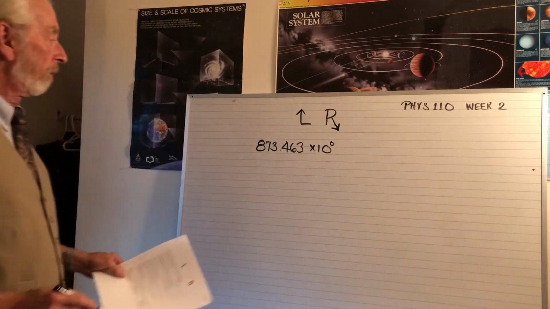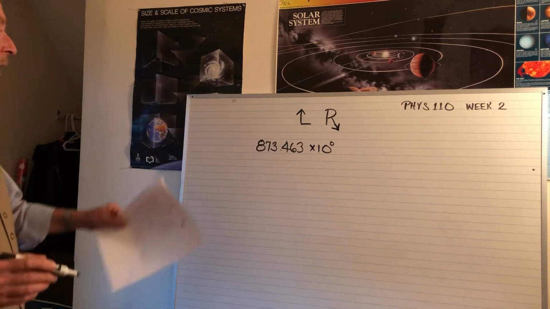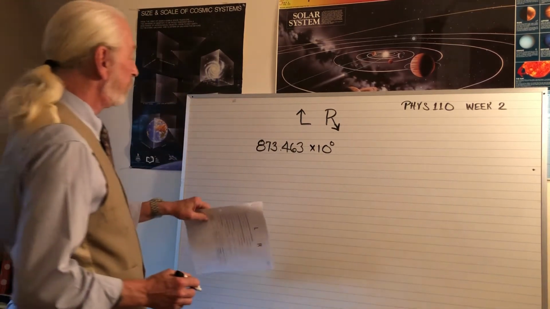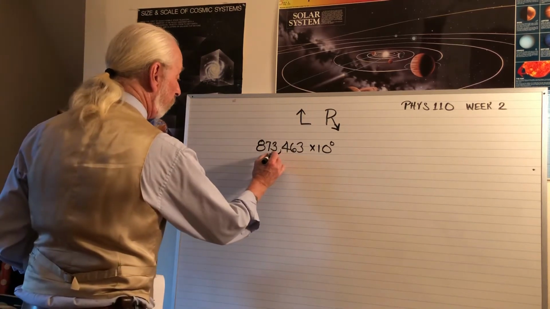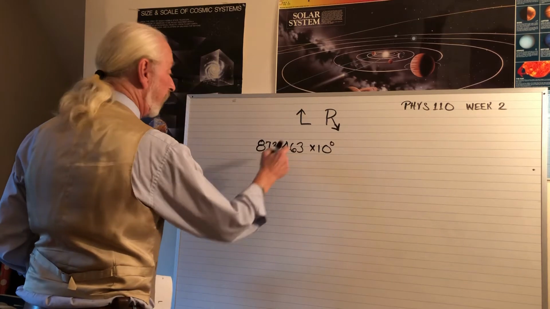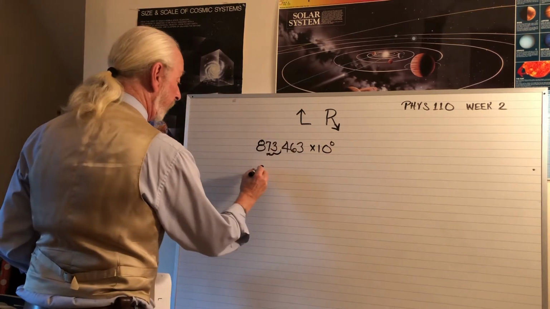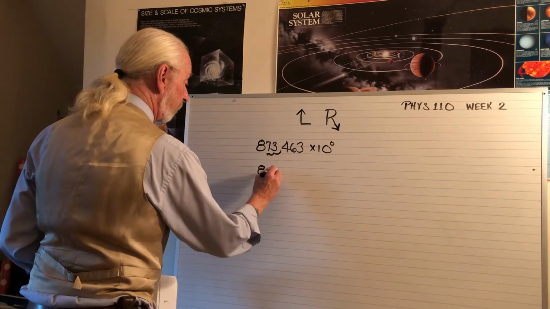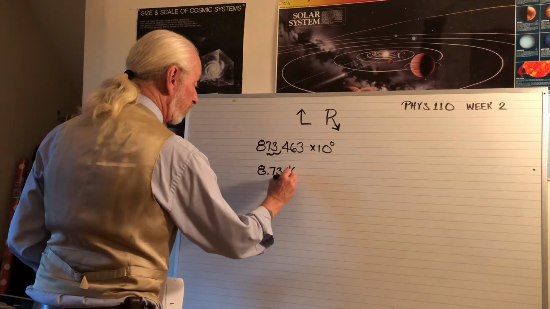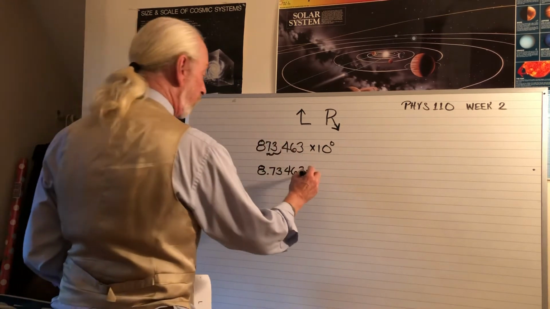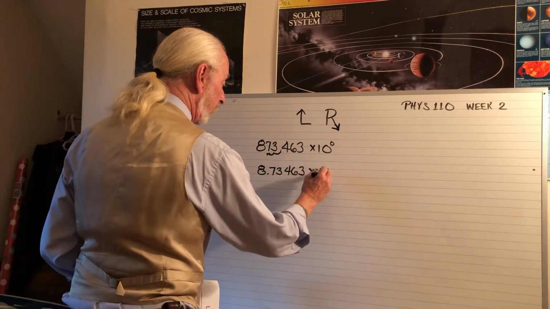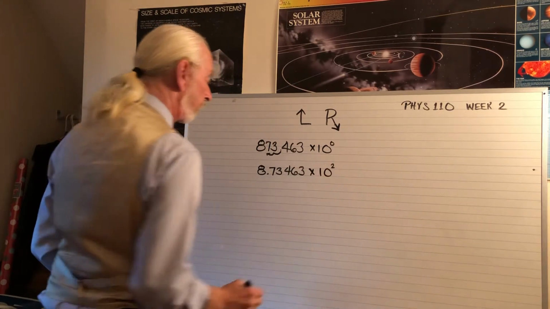Now, how do I want the coefficient to look? Well, I want it to have one digit to the left of the decimal point. So I'm going to bump that over 2 places to the left: 8.73463. So I went to the left. That means the exponent's going to go up by 2. There you go.